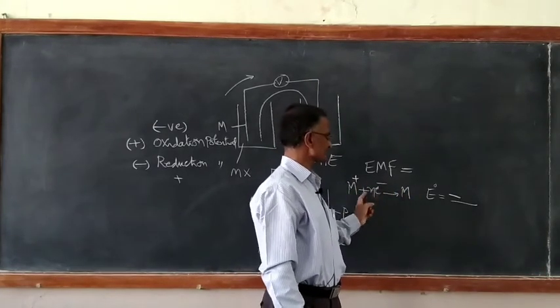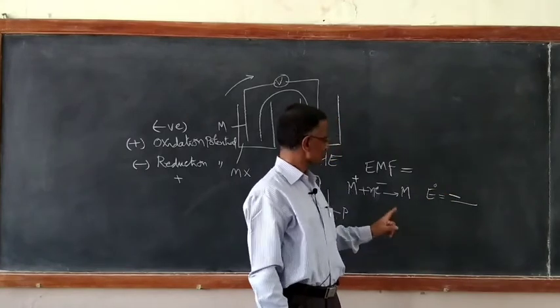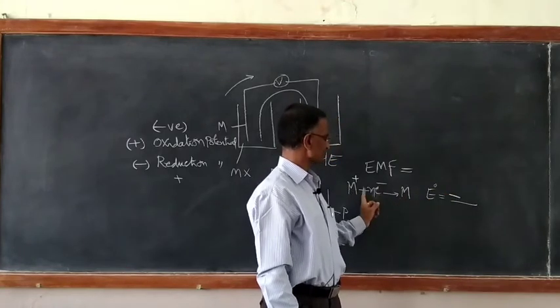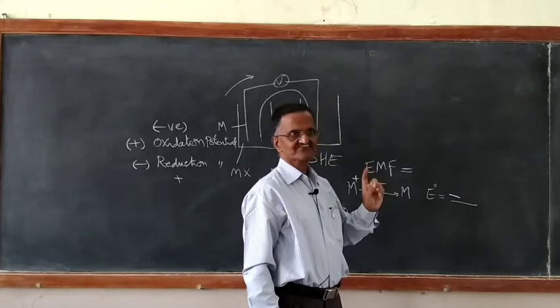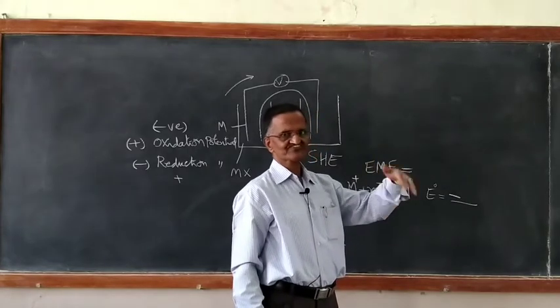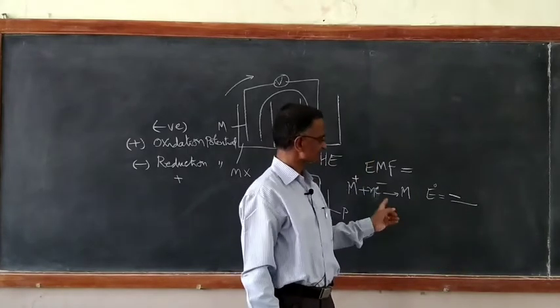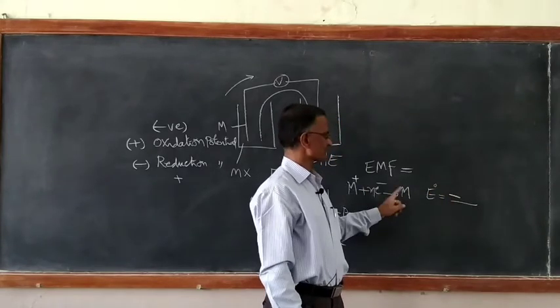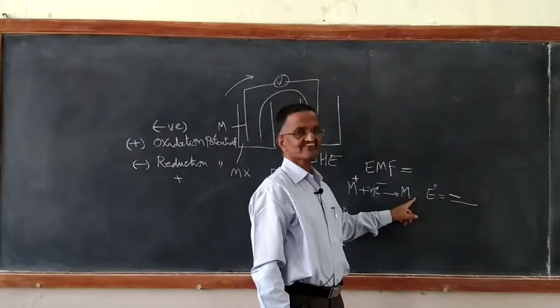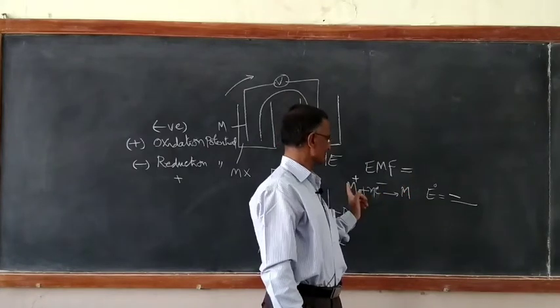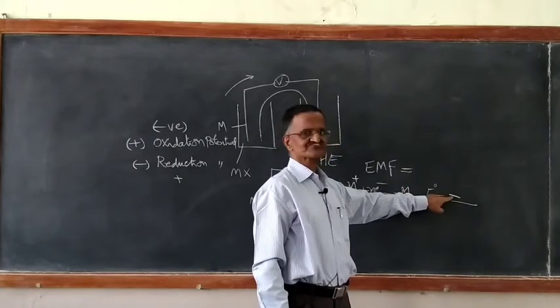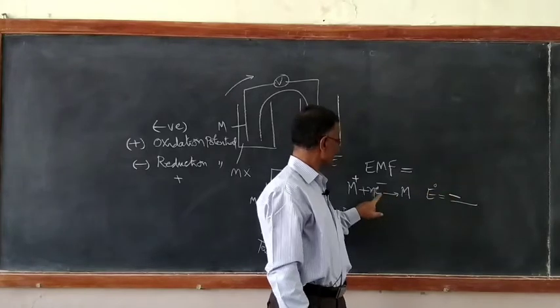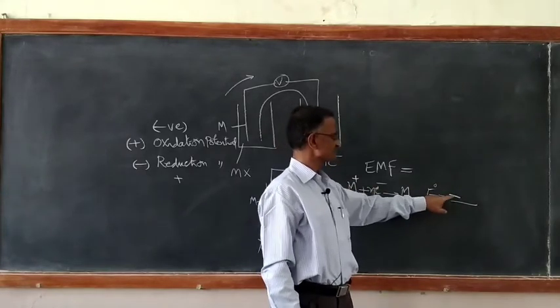If you reverse it, it will be positive. That means the metal that I have is more electropositive than the hydrogen electrode, because the value has a negative sign. Reduction will not take place. Oxidation will take place, because when you reverse it, that will be in the positive term. But here the value, for reduction that has taken place, has a negative sign.